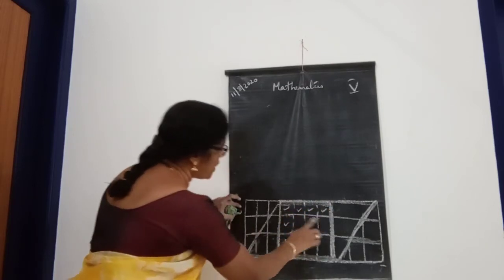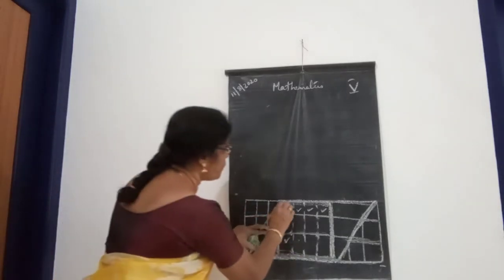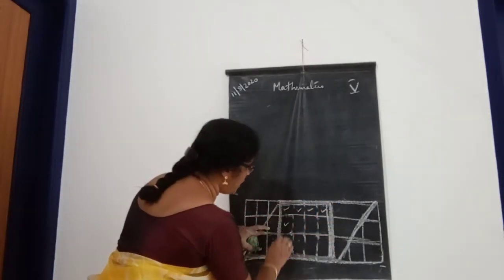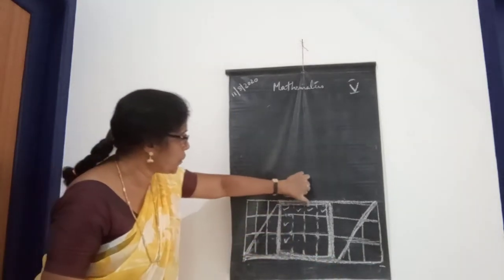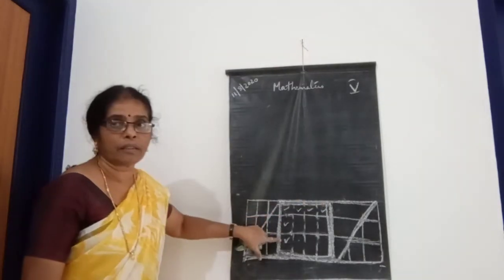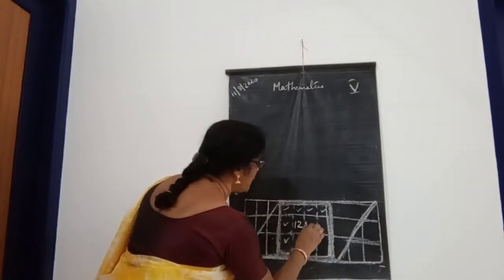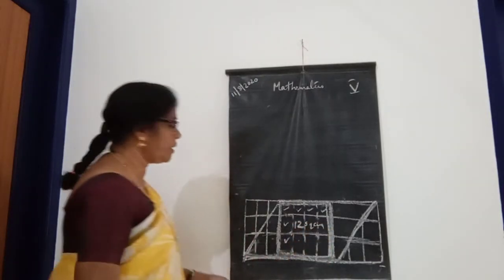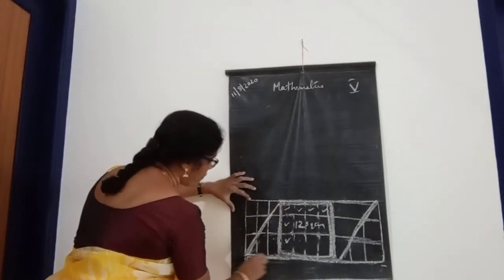What is the area of this portion, children? The area of this portion is 12 square centimeter. 12 square centimeter means 1, 2, 3, 4. Length is 4 and 1, 2, 3 that is breadth. 4 into 3 is 12 square centimeter. Here 12 square centimeter.